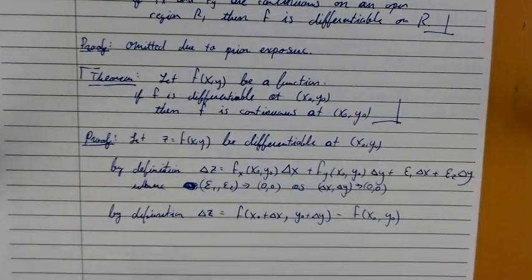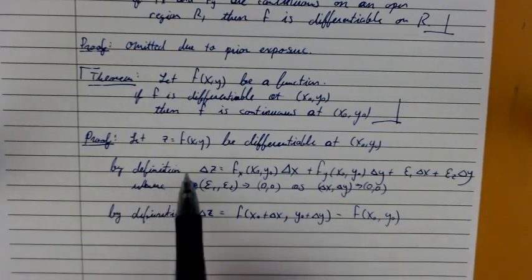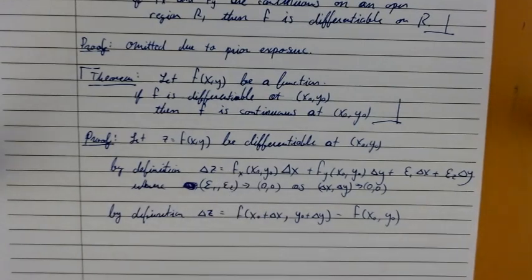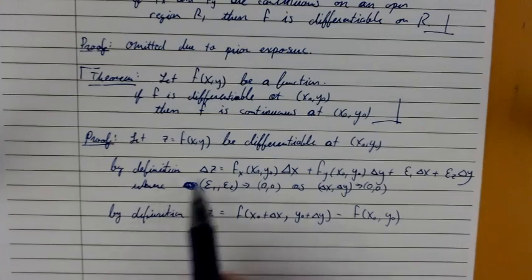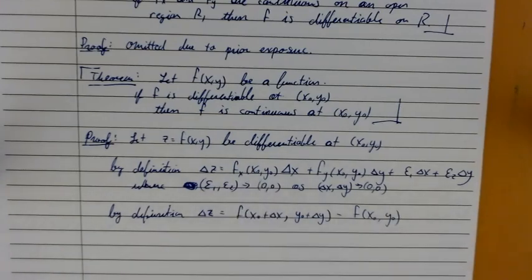So this is by the definition of the increment of z, and this is by definition of what we mean by differentiable. Well, then if delta z equals this and delta z equals that, by the transitive property, that must equal this.